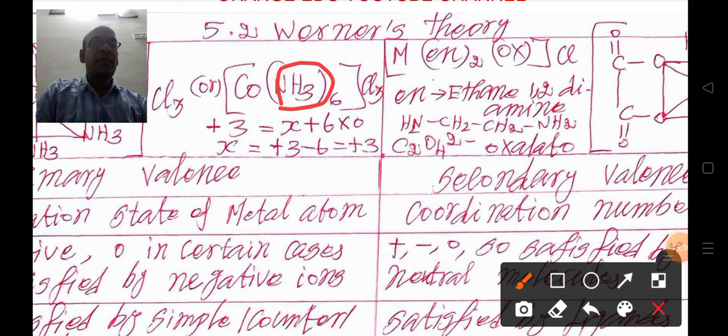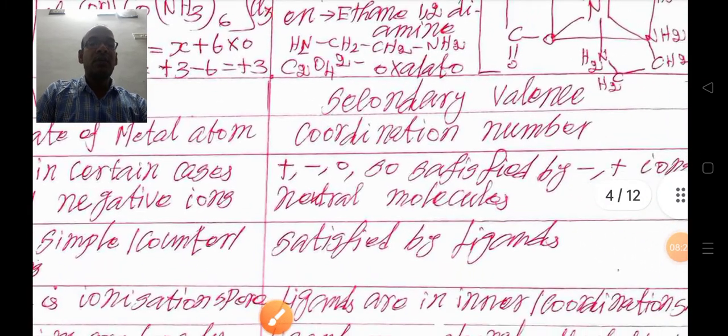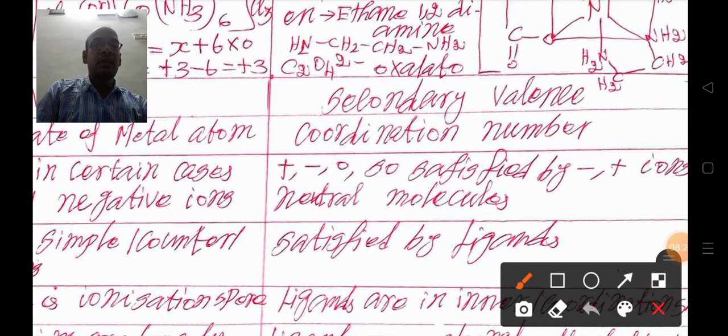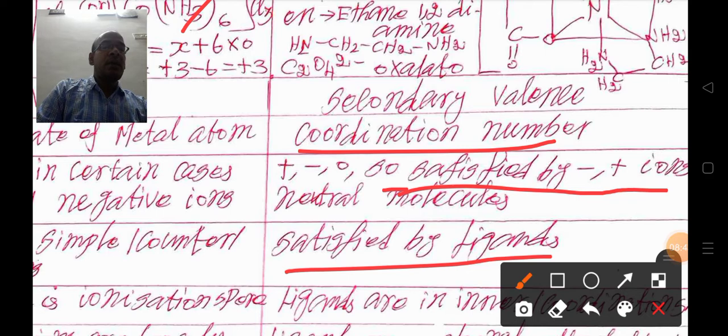Therefore, coordination number 6 is satisfied by the 6 ammonia, that is 6 neutral ligand molecules. So, the coordination number, the secondary valency, is satisfied by negative ions, positive ions or neutral molecules.